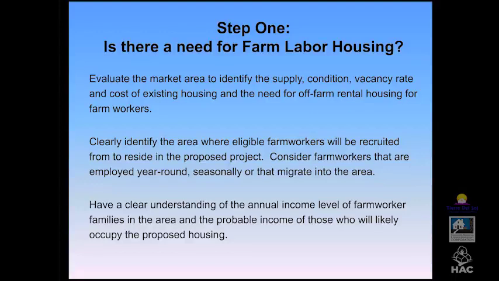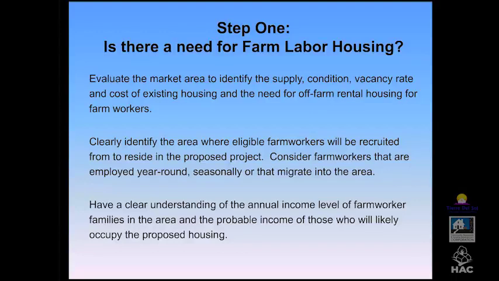One of the most important things is to clearly identify the area where eligible farm workers will be recruited to reside in the proposed project. The farm workers can be employed year-round, seasonally, or be those that migrate into the area. And that includes processing workers. So it's important to understand where farm workers are coming from or finding employment and what type of employment they have.